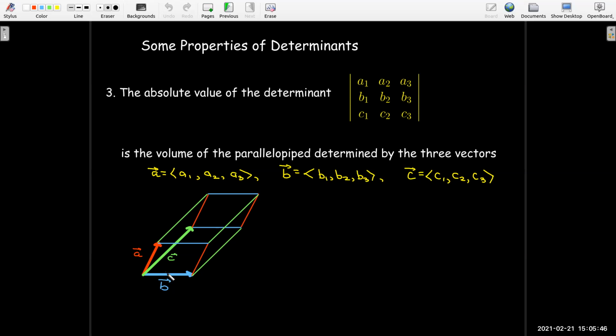My 3 vectors here form one vertex of the box, and then I just fill out the other parallelograms in order to make a bottom and a top, a front and a back, and 2 sides. So it's the 3-dimensional equivalent of a parallelogram, and it's called a parallelepiped.